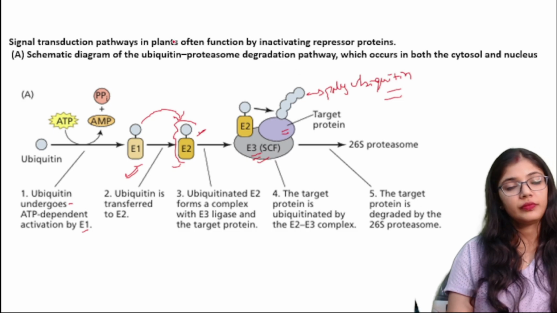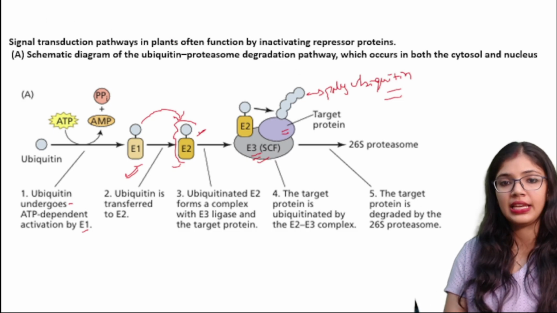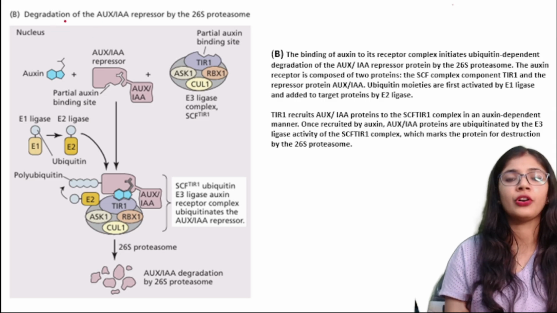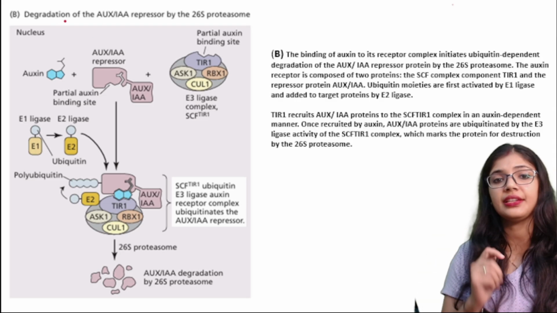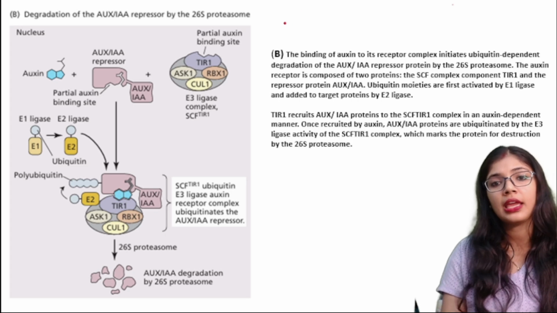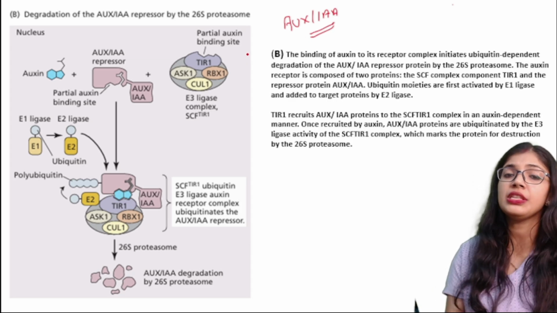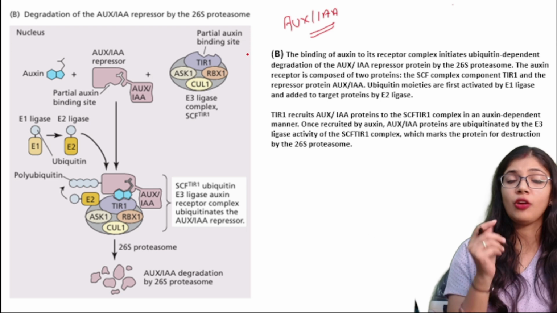Okay, now let us discuss the signaling pathway. In the case of auxin, there is a repressor protein known as AUX/IAA. This is a repressor protein, and it needs to be degraded when auxin is present.